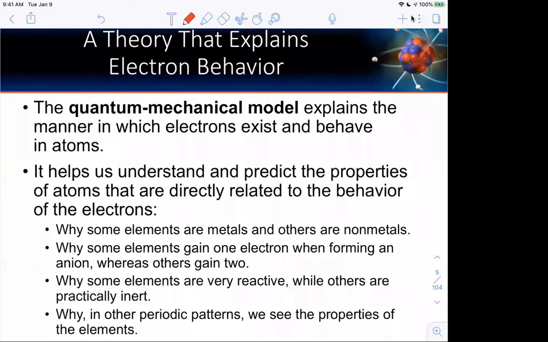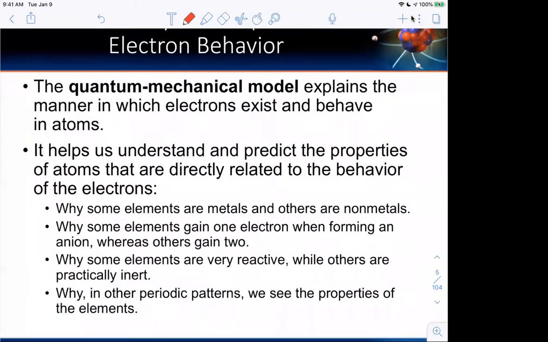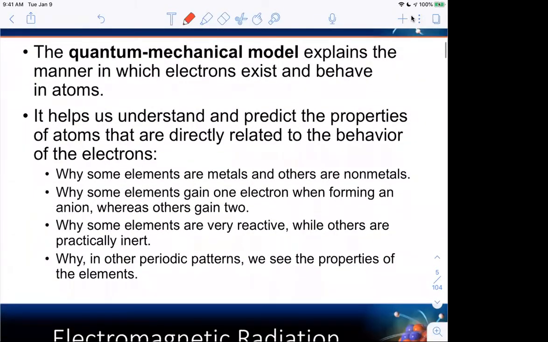So the quantum mechanical model explains the manner in which electrons exist and behave. If I can understand this model, I'll be able to understand and predict the properties of atoms, because the behavior of the atoms is also directly related to the behavior of the electrons. So why are some elements metals and others non-metals?